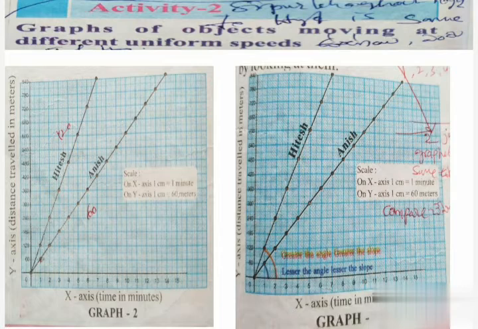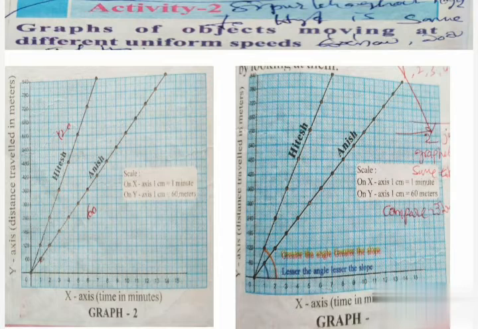Here in this graph, whose speed is greater, Hitesh or Anish? Who ran faster? Just by looking at the graph we can say. Hitesh ran faster. So how can we say? We should see the angle that the graph lines make with the x-axis.